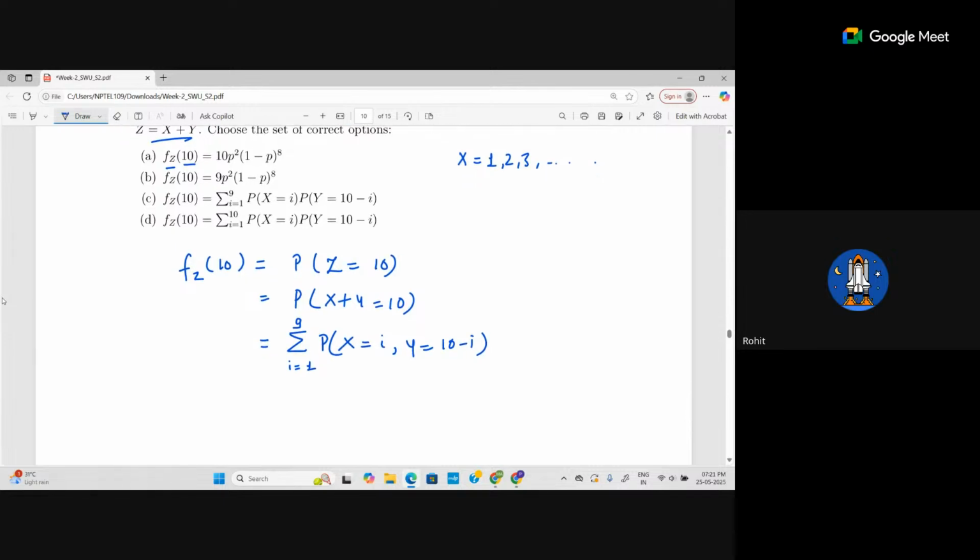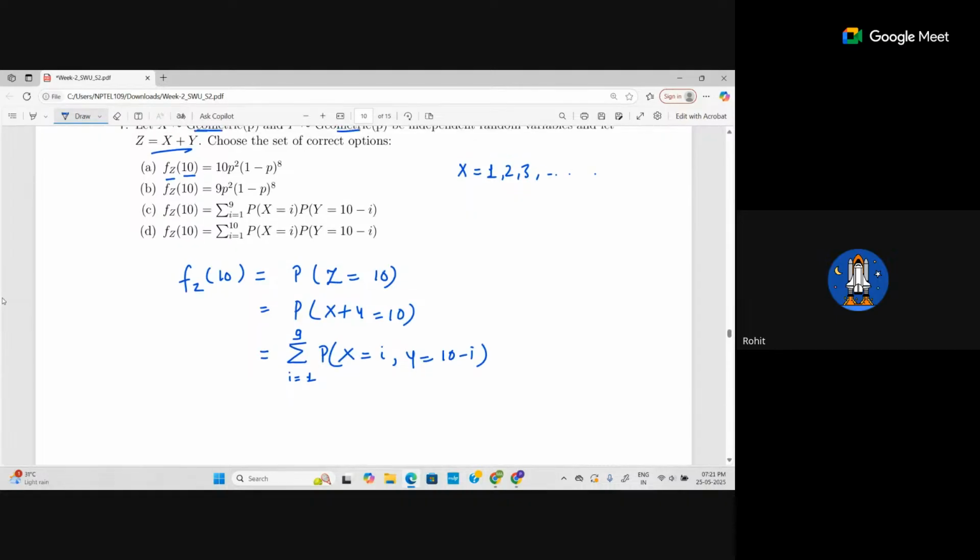For 10, y will become 0, and that's not possible. And for any value more than 10, y will become negative, which is also not possible. That's why we are limiting the summation from 1 to 9.